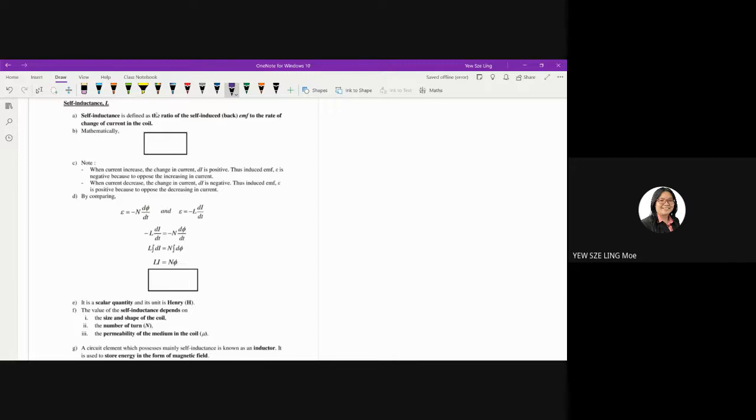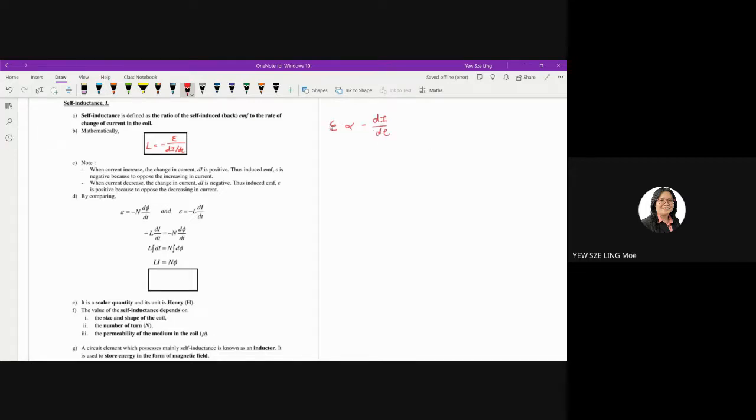Self-inductance is defined as the ratio of self-induced, or back EMF, to the rate of change of the current in the coil. So the equation is L equals negative EMF over di per dt. We start from EMF being directly proportional to negative di over dt.